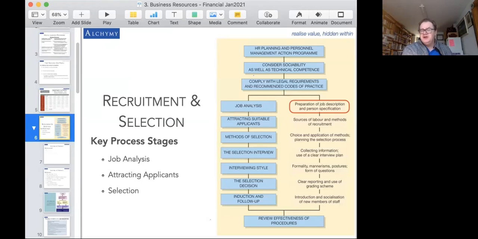But in other cases, we're meeting people for the first time. We have to kind of get to know them and make a judgment on them, right? And that's why this process is so important. So the key elements are the job analysis, which helps us prepare for and then helps us attract applicants, and then a selection process to choose amongst those applicants, okay?